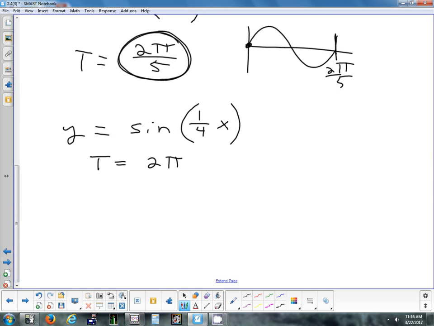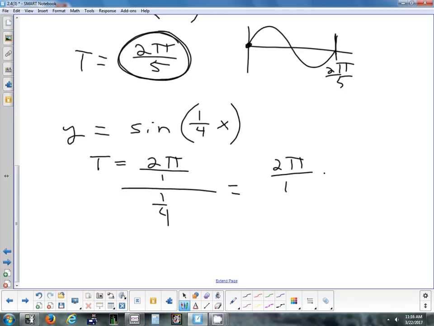So I've got 2 pi, which I'm going to write as a fraction, 2 pi over 1. And Gabe, what goes in the denominator? 1/4. Now, when I want to divide a fraction by a fraction, how do I do that? Do you know? Yeah. Flip the second one, which is 1/4.